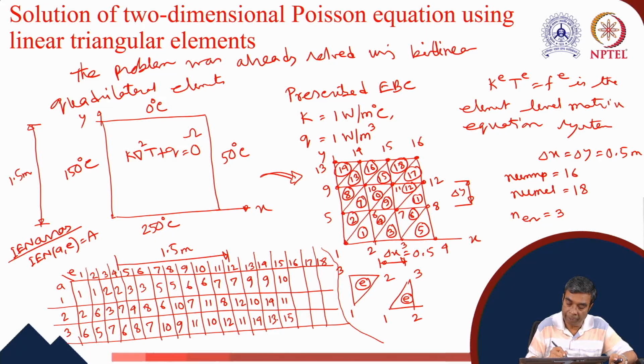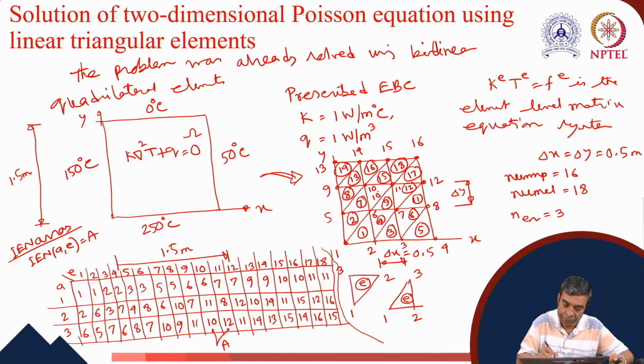For the 16th element, we have 10, 15, 14. For the 17th element, we have 11, 12, 16. And for the last element in the mesh, the 18th element, it is 11, 16, 15. So this completes the construction of the IEN array.